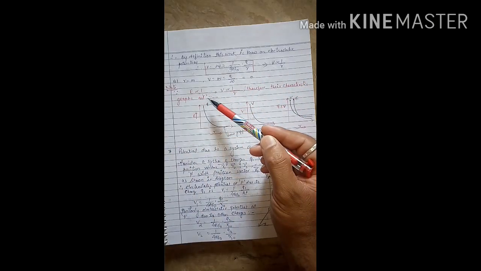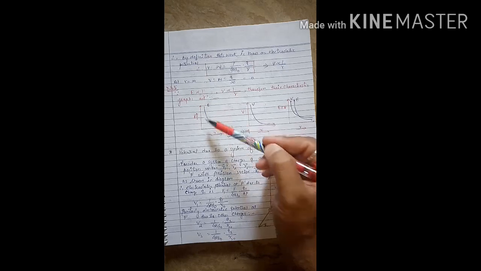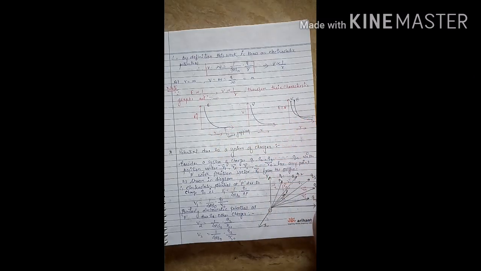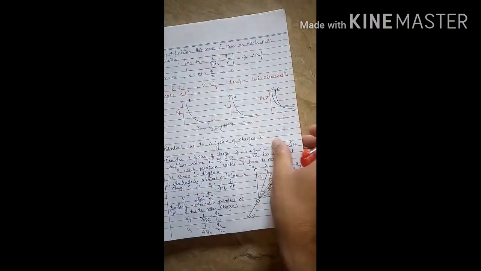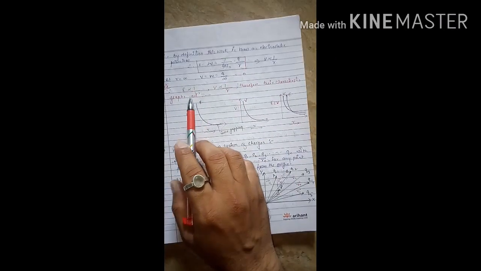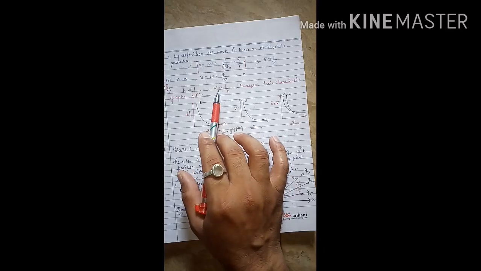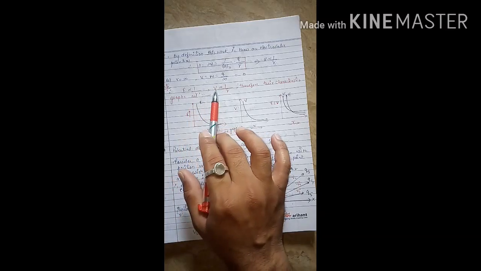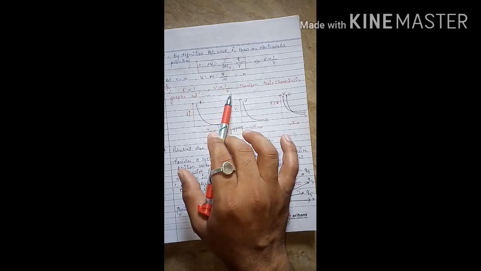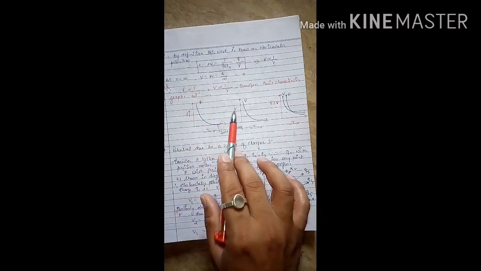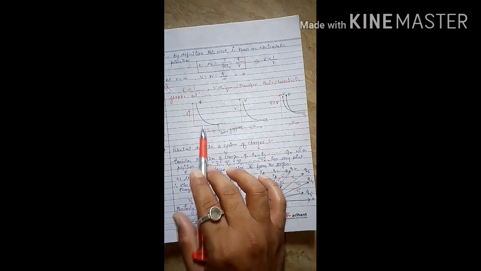Here you will see the curves, which are very important for your board examination: the curve between E, the electric field, and R, the distance, E and R square, and V and R. So the E versus R curve and the V versus R curve are represented like that.